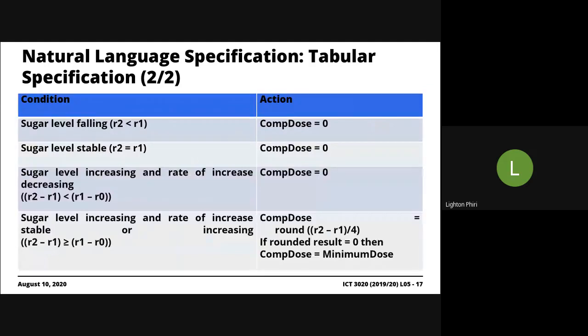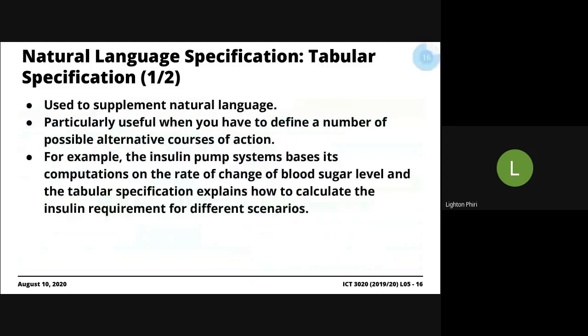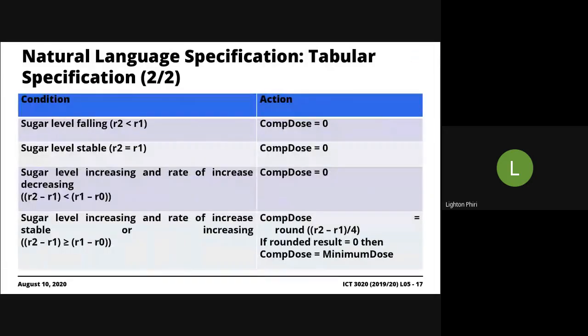It's here actually. So this is how maybe you represent it, right? The example is to do with an application in the health sector, an insulin pump system. You have an action that's supposed to be taken alongside a condition.